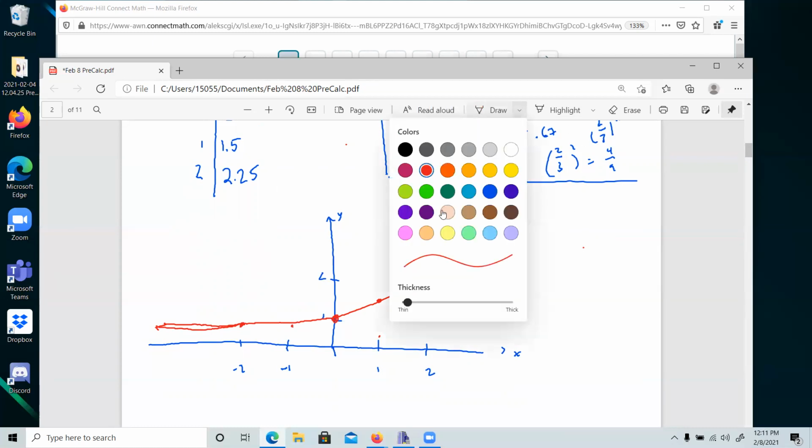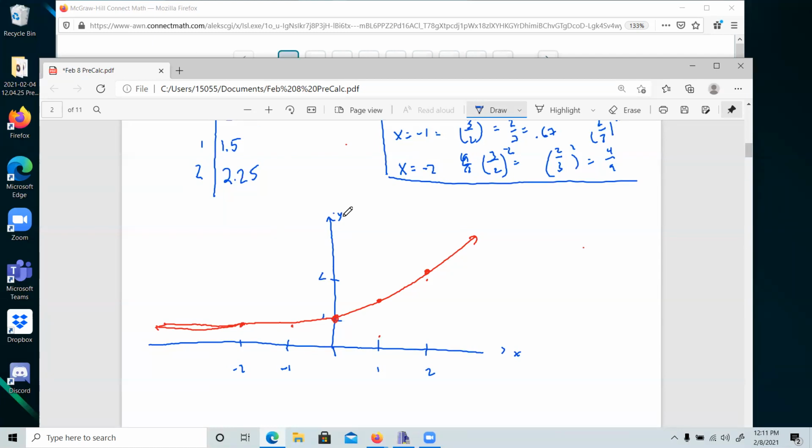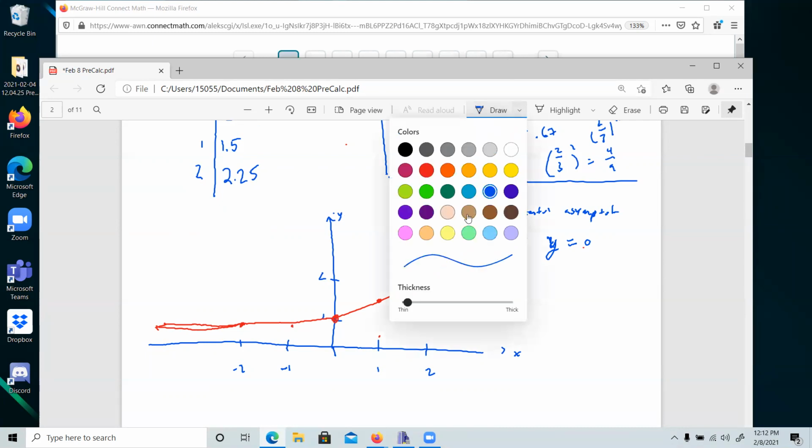Okay, we do have a horizontal asymptote. Y equals 0. Okay, so be careful about that, right? And this will move up and down, right? As we do transformations on this, the asymptote will move up and down. All right.